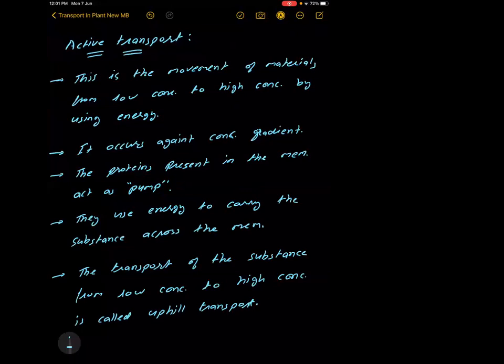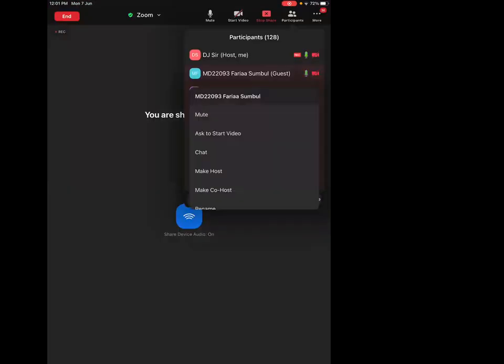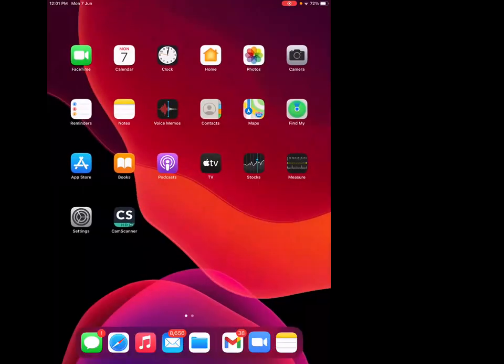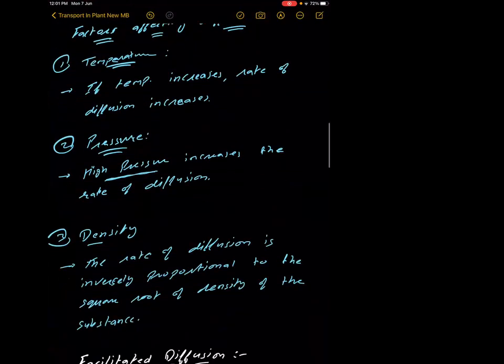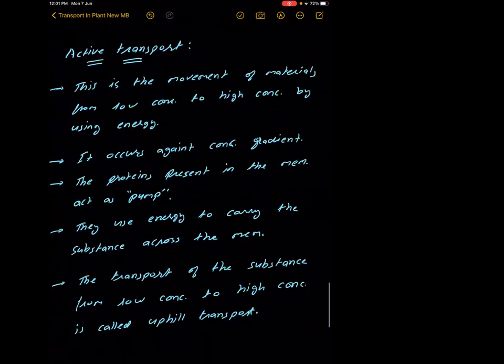I'm going to add this point also. Especially the minerals are transported through this process, even absorbed by this process.